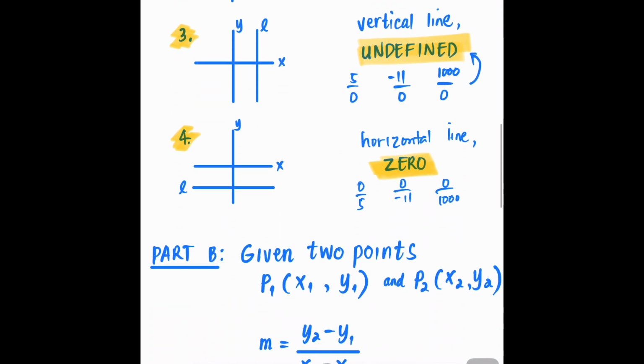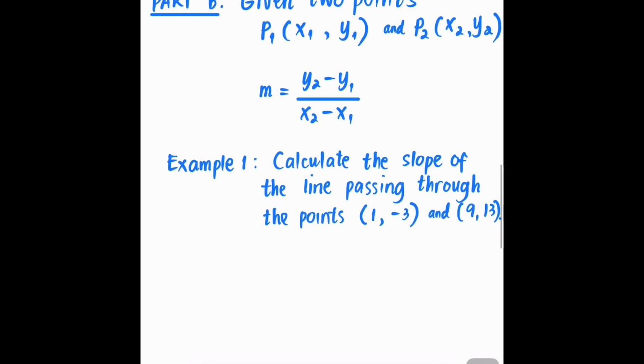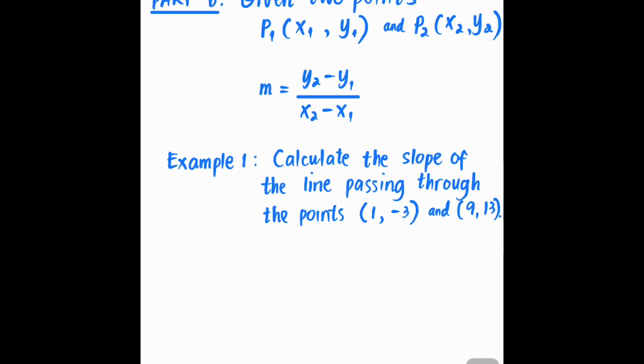And for part B, if you are given 2 points. So like what I mentioned earlier, in order for you to see a line graph on the grid, you need to have at least 2 points. So we have our first point and second point. First point has coordinates of x sub 1 and y sub 1.